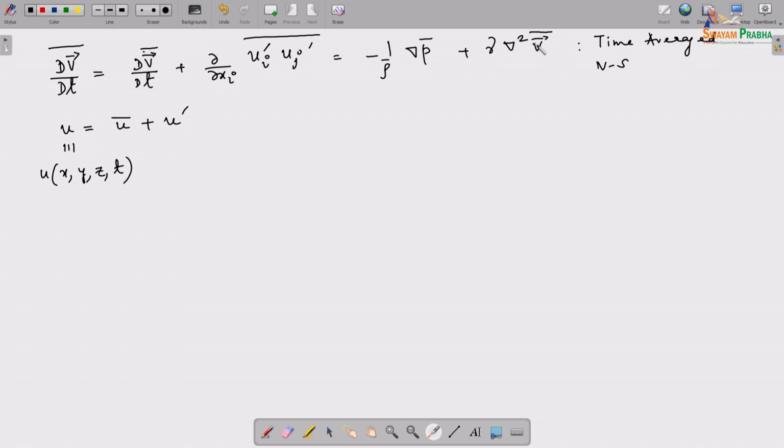The velocity is the generic three-dimensional, three-component velocity, where each of these components, u, v, and w, depends on space and time. So we take a time average of the velocity along with a fluctuating part. This is how we are representing turbulence.